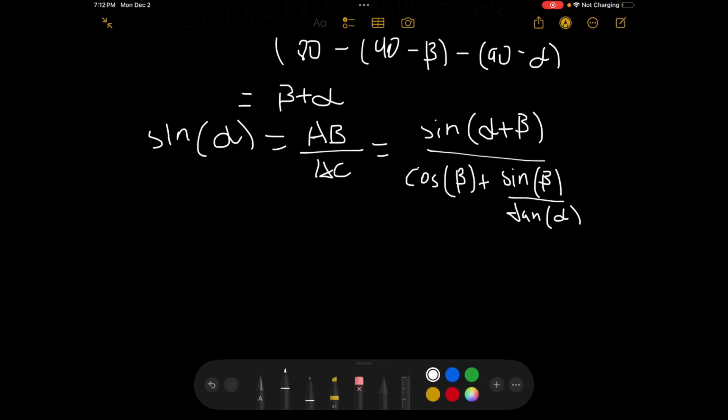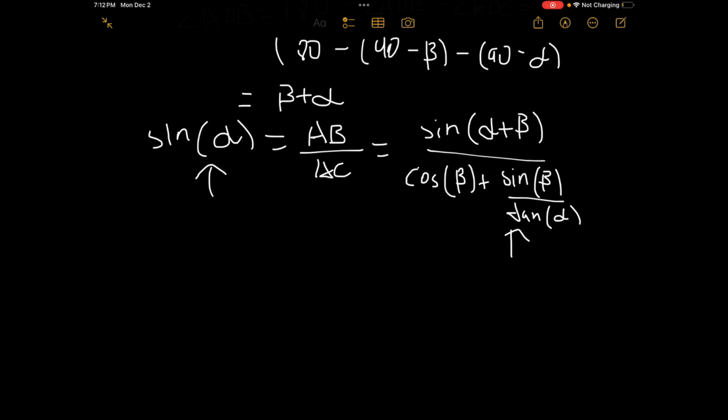We can begin by multiplying both sides by cosine of beta plus sine of beta divided by tangent of alpha. And we're using this and this as the sides of the equation.